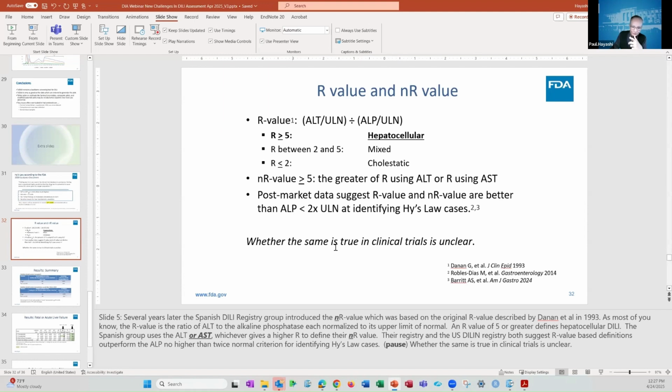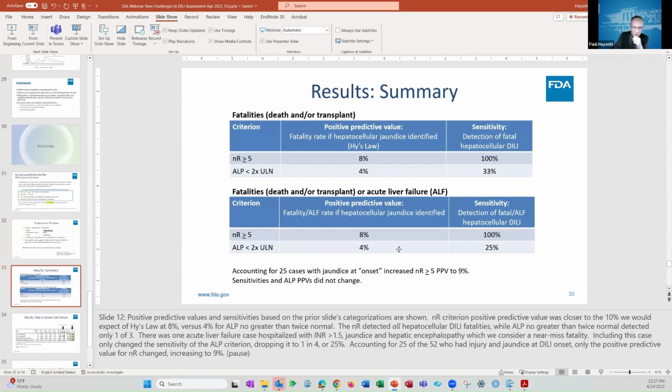So we looked at the data because it's unclear whether that's true in clinical trials. And it turns out it's true. The R value is better. In our experience, the positive predictive value, which is essentially Hy's law, you want to be around 10%. The R value was closer to 10%, whereas the alk phos criteria was not as high as 4%.